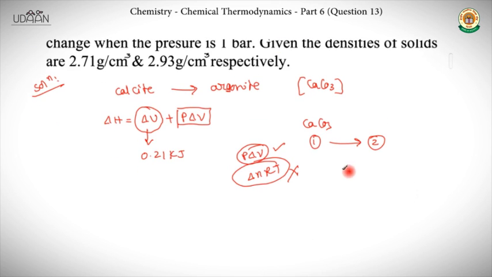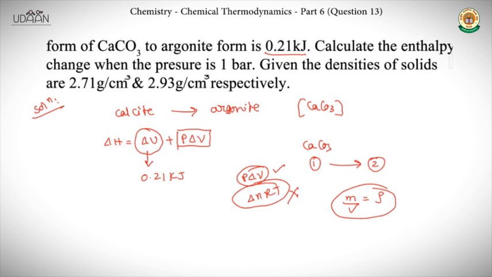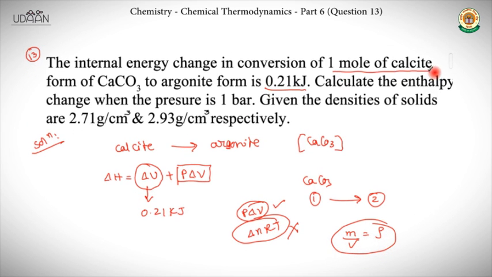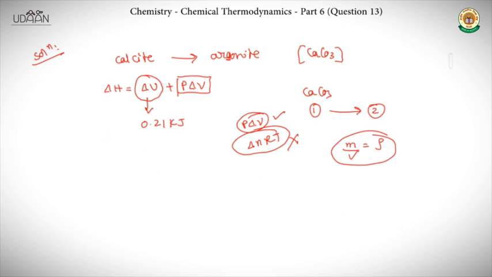What is density? Mass by volume. They gave us densities, so we can calculate volume. And since we have the number of moles, we have the mass also. Given in the question is 1 mole of calcite, or calcium carbonate, 1 mole of CaCO3.